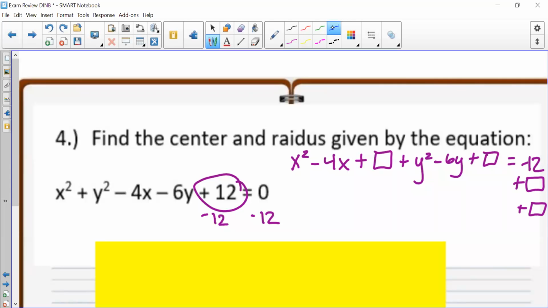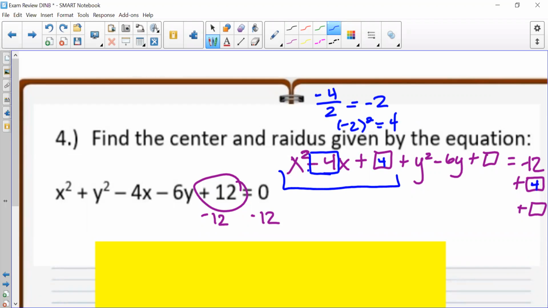To find what goes in the box, remember you take the b value, so like the number in front of x, and you first divide it by 2, and then you square that number. Right? That number that you get after you square it, it should always be positive after you've squared it, and it goes in the box on the left and the right. We're going to add 4 to both.